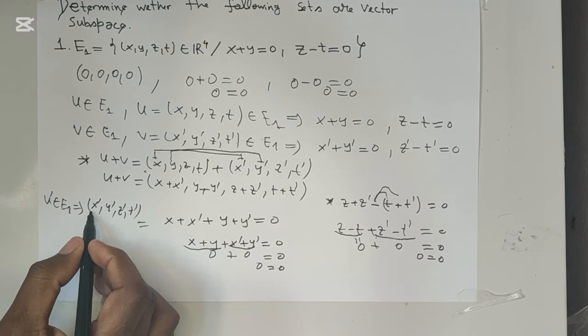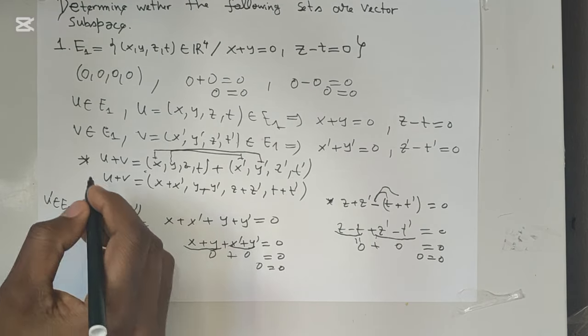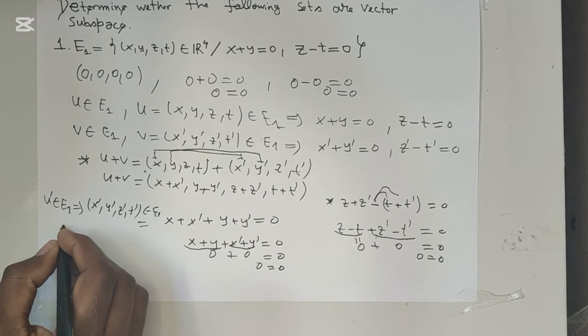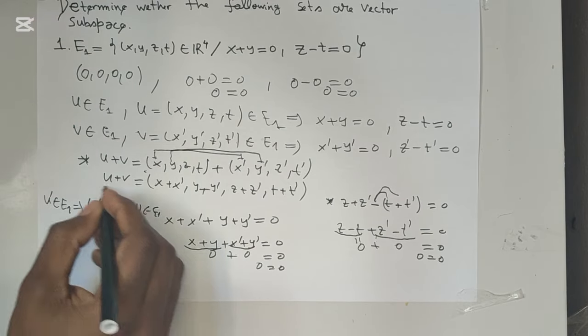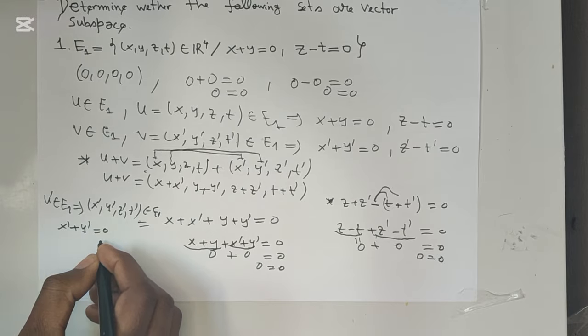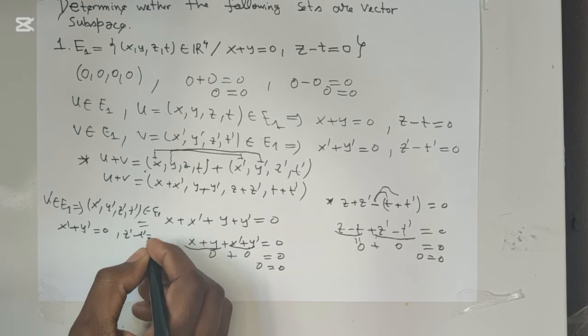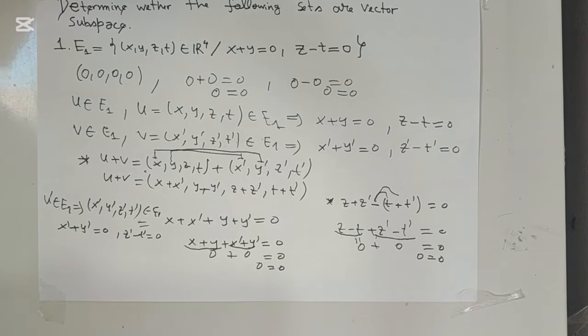It means the sum of the first two must be equal to 0, and the subtraction of the last two must also be equal to 0.